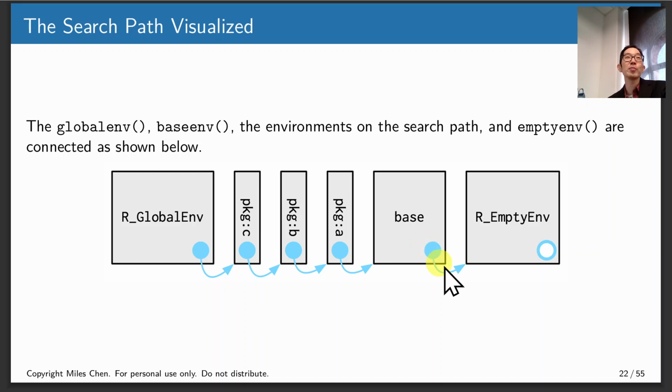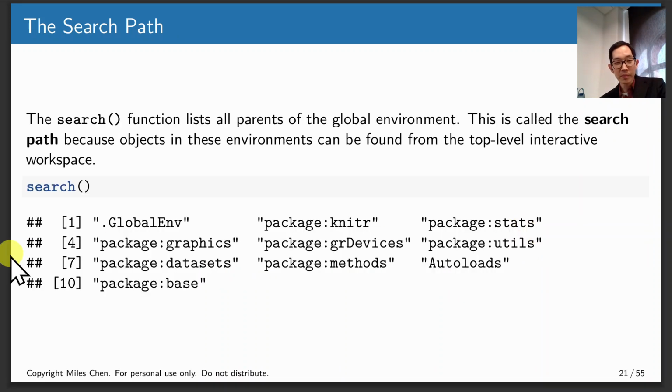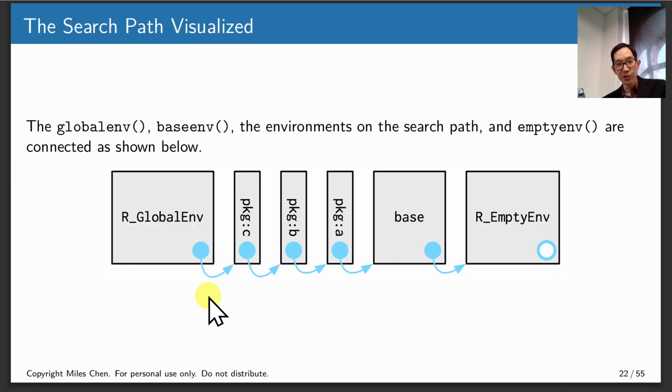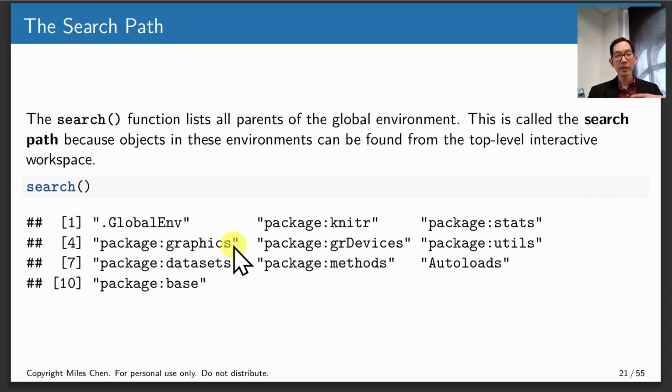Again, the parent of the base is the empty environment, but that's empty. So this is basically how R searches for a name that you ask for. When you call lm and want to use it, it searches the path and finds it in package stats.